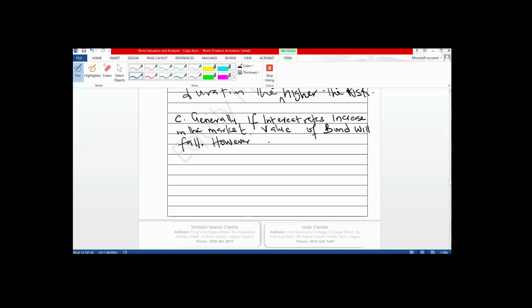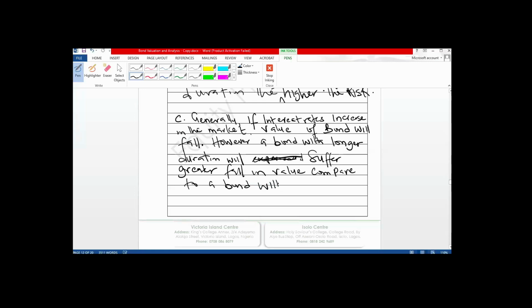However, a bond with longer duration will experience, or we suffer, greater fall in value compared to a bond with shorter duration.